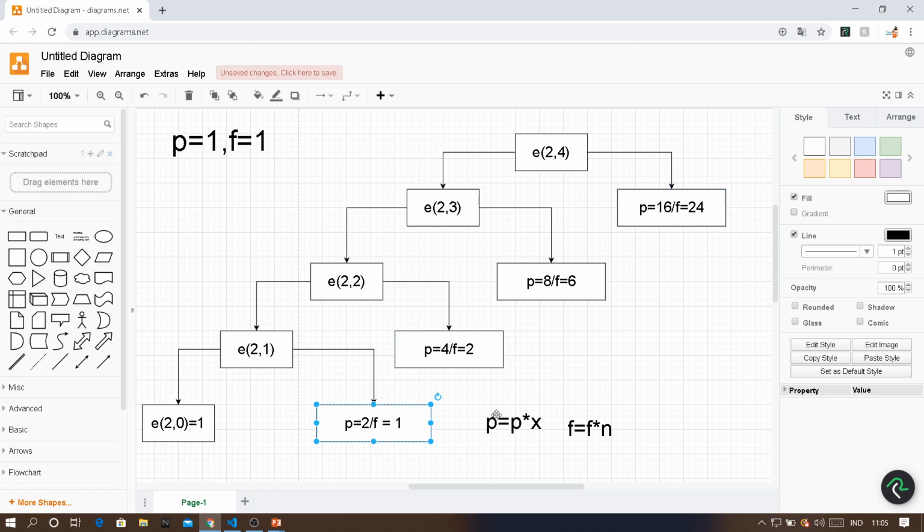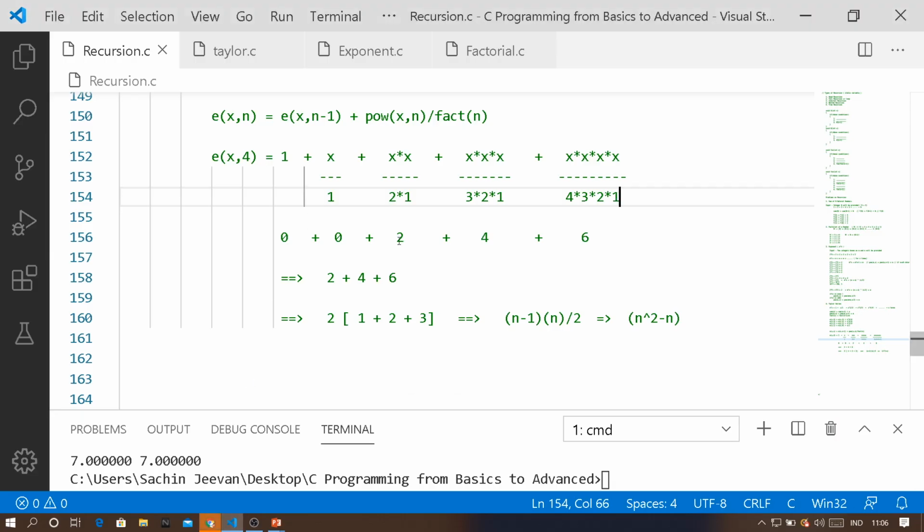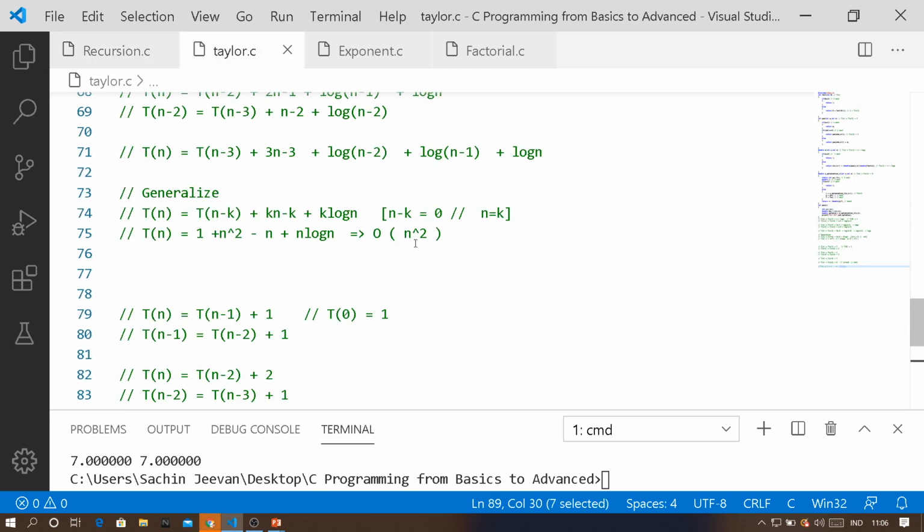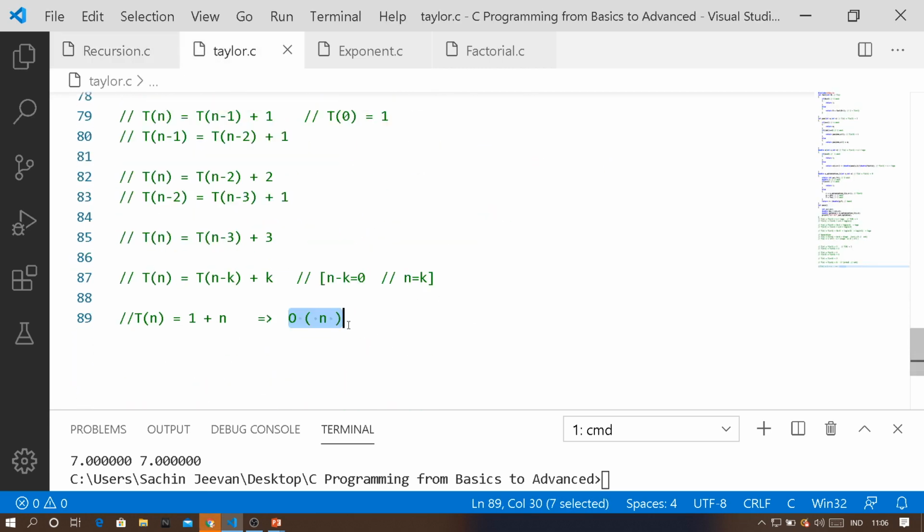One multiplication p equal to p multiplied by x, f equal to f multiplied by n. Here 2 multiplications, here 2, here 2. So 2 plus 2 plus 2 plus 2, totally only 8 multiplications are taking place. If you see the earlier method, how many multiplications? 10 plus 2, 12 multiplications were happening, but we are reducing it to 8 multiplications. That is what is responsible for reducing the time complexity from order of n square to order of n.